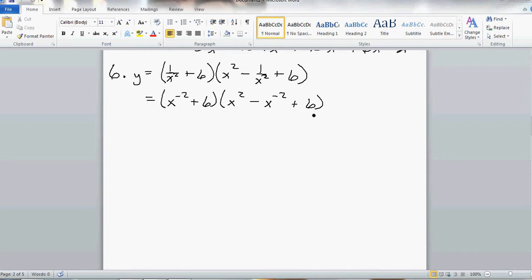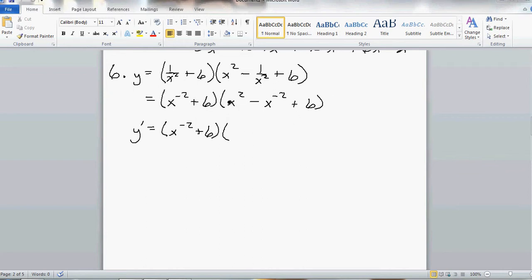Let's use the product rule, although in this case, more than likely, I would probably just multiply this out and then find the derivative of that. But since you've only had one example of the product rule, let's do the product rule again. So y prime will be, leave the first one alone, times the derivative of the second.